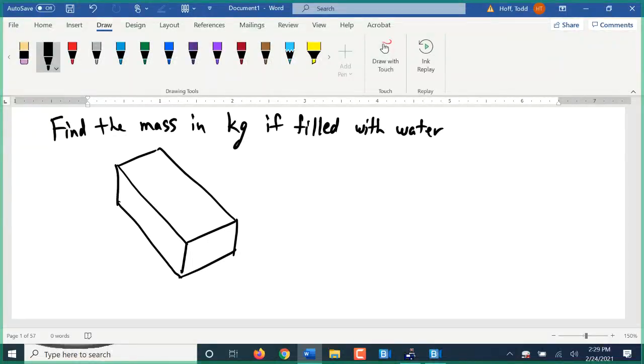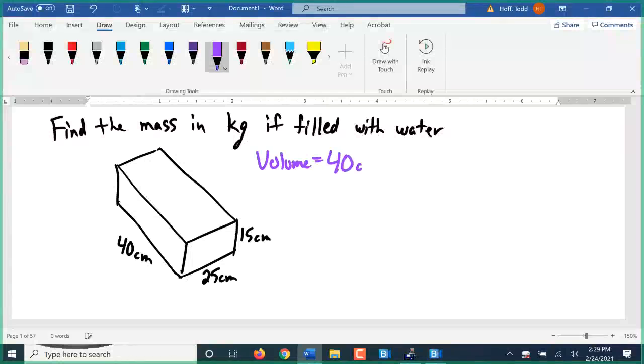So let's say that this is 40 centimeters, 25 centimeters, and 15 centimeters. This adds a step to that calculation we did at the beginning of class. We're going to start out finding the volume. Length times width times height. 15,000, I believe, centimeters cubed.